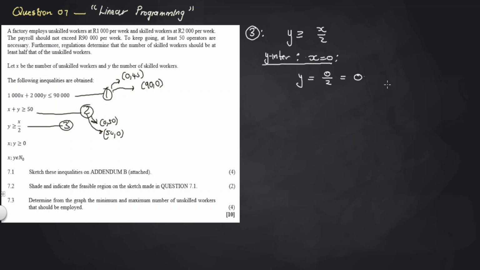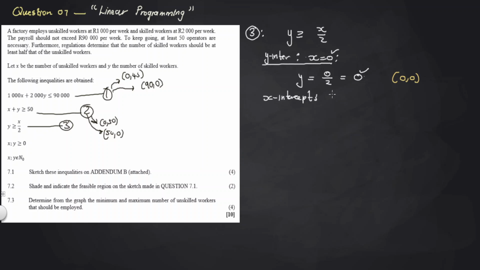It's 0, right? So I let x be 0, then in turn my y is also 0. What about the x-intercept? I'm trying to explain this step by step because it might be a bit of a challenge.